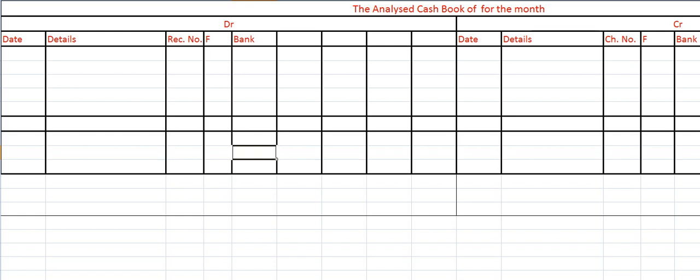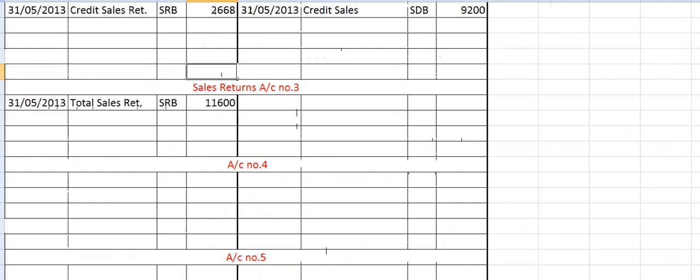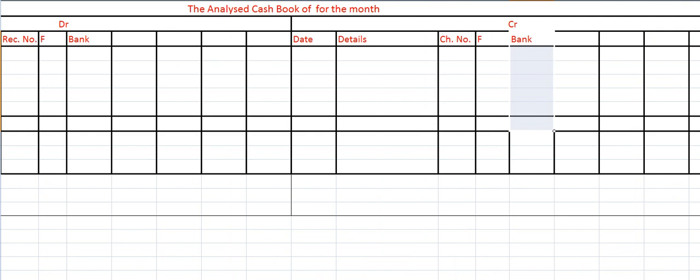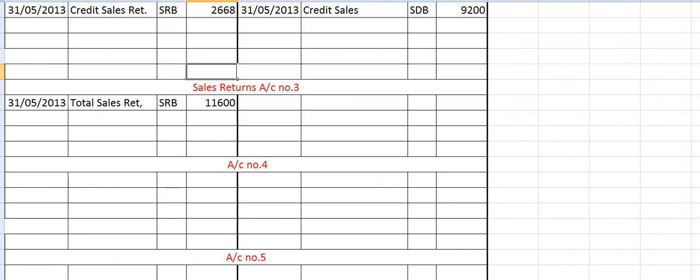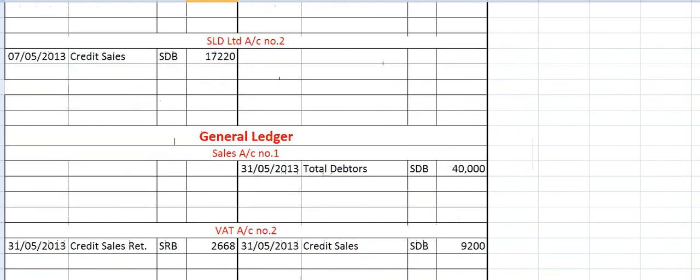If you enter something on the debit side here, every euro in the bank column here on the debit side must have a credit somewhere in the ledger, and likewise every euro on the credit side in the bank column over here must have a euro of debit somewhere in the debtors and general ledger.